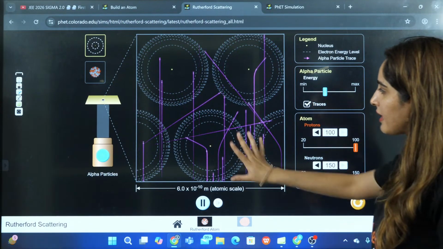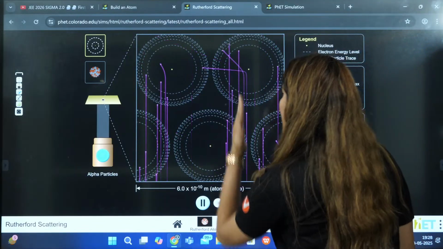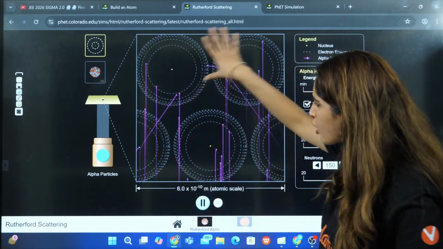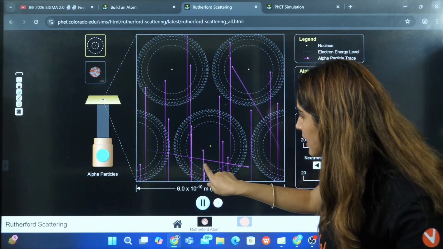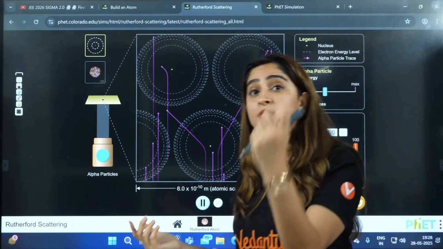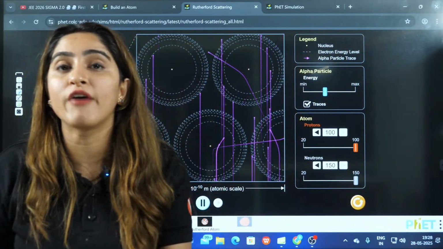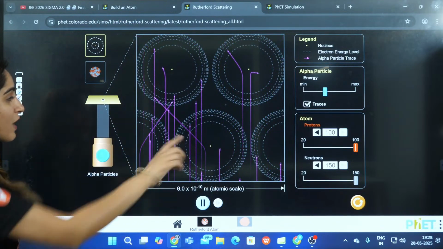Can you see this? Most of the alpha particles are moving straight. Some of them are being deflected. Why only some of them? Because the nucleus is very, very small as compared to the atom.